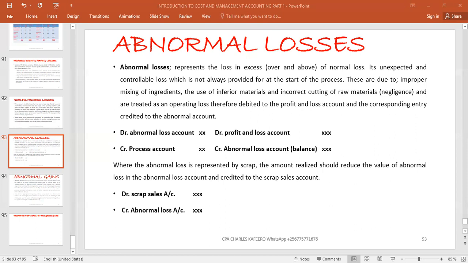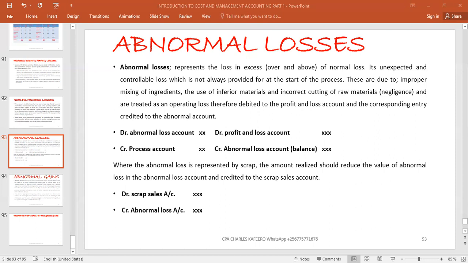But at the end of the month, when we are closing off our books of account, we don't want to leave the abnormal loss account unclosed. We transfer that cost to the profit and loss account, because we treat abnormal losses, which we did not expect or cater for when planning our production, as an operating expense or operating loss.